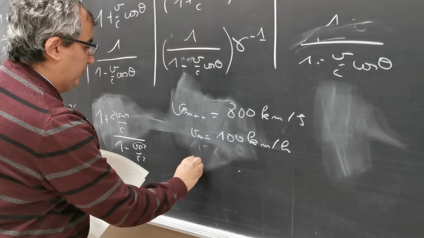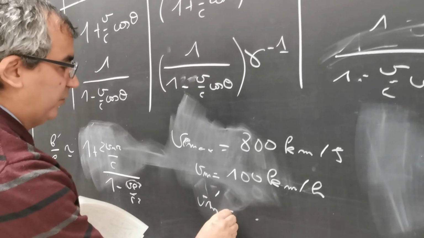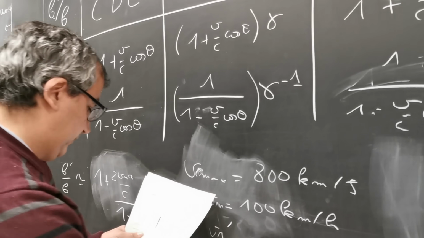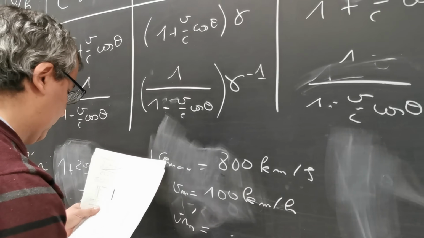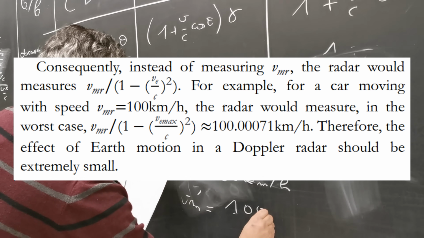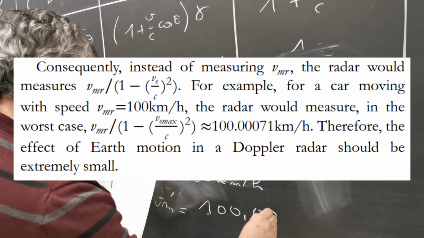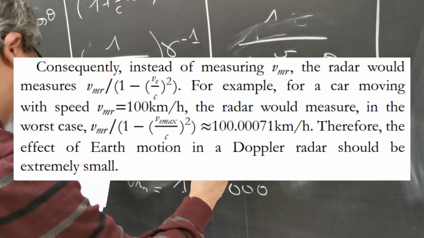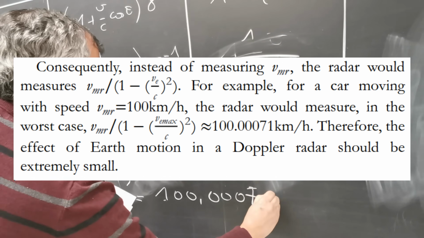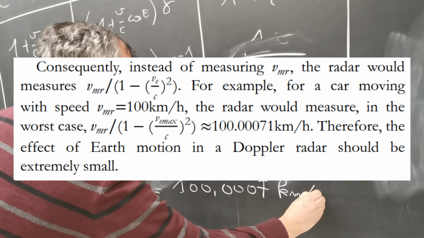Using this 800 kilometers per second, the measured speed V_M prime is going to be about 100.007 kilometers per hour.